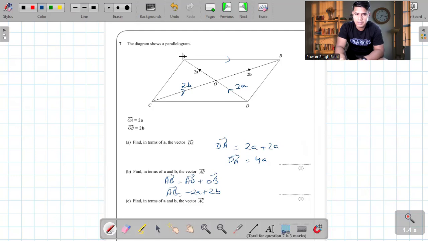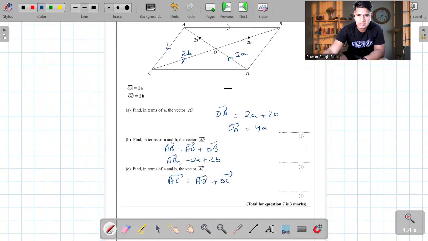Now if we talk about AC, right? So AC is this. To go from A to C, I take this path, AO plus OC, right? So OA, as you can see, is plus 2A.